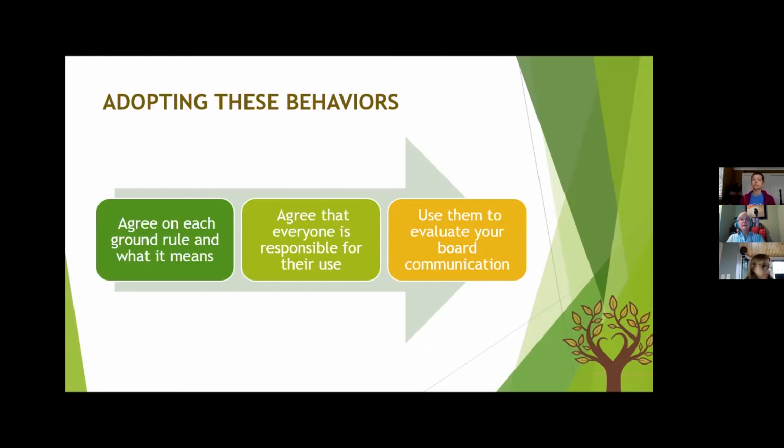Particularly avoid making it the responsibility of one designated leader to enforce these behaviors, because then it becomes more of an enforcement thing and less of a group adopted norm. So all the members should share responsibility and be empowered to intervene if they see an issue that arises in the way that someone is supporting the way the board wants to behave.